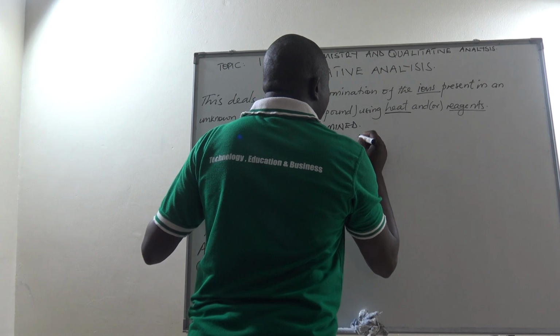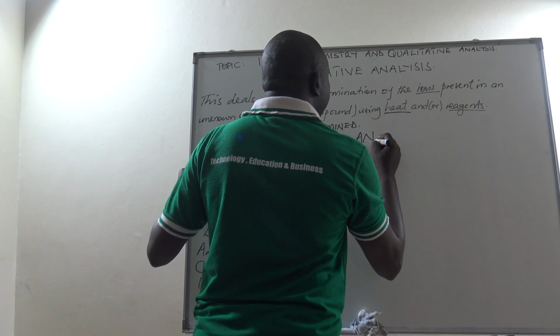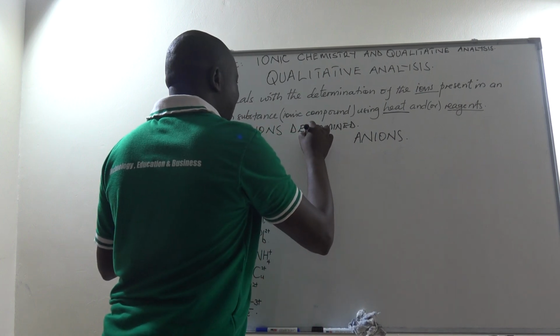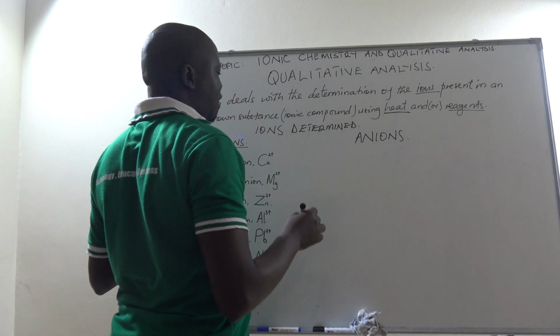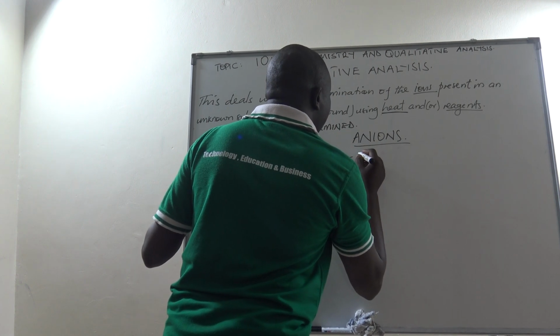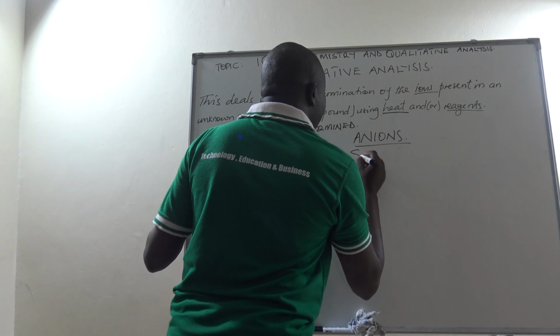Now let us look at the anions that we deal with at this level, that is at ordinary level. The first anion is the sulfate ion.